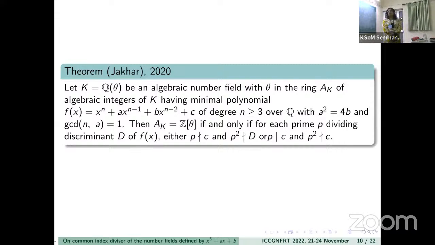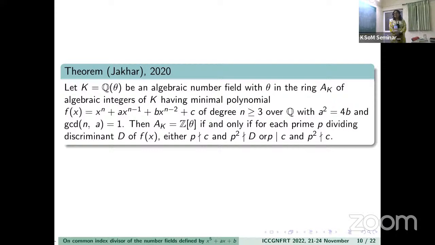Now, when we move from trinomials to quadrinomials, there has been only a little work done in this direction. In 2022, Anuj Jakhar proved that if f(x) is of the type x^n plus ax^(n-1) plus bx^(n-2) plus c with degree greater than or equal to 3 over Q, with the condition that a square is equal to 4b and gcd of a and n is 1, then we consider its root theta and have the field K equal to Q(theta).